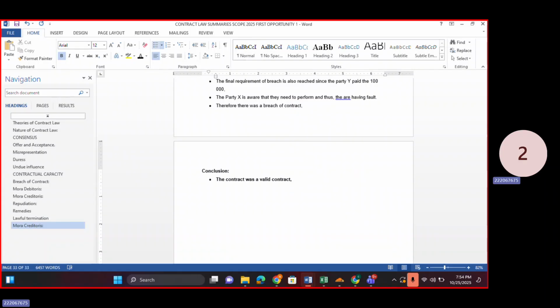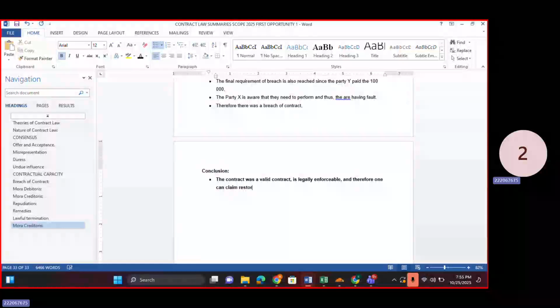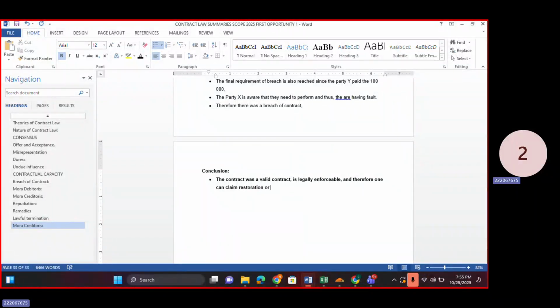A valid contract is legally enforceable, and therefore one can claim restoration or other remedies.